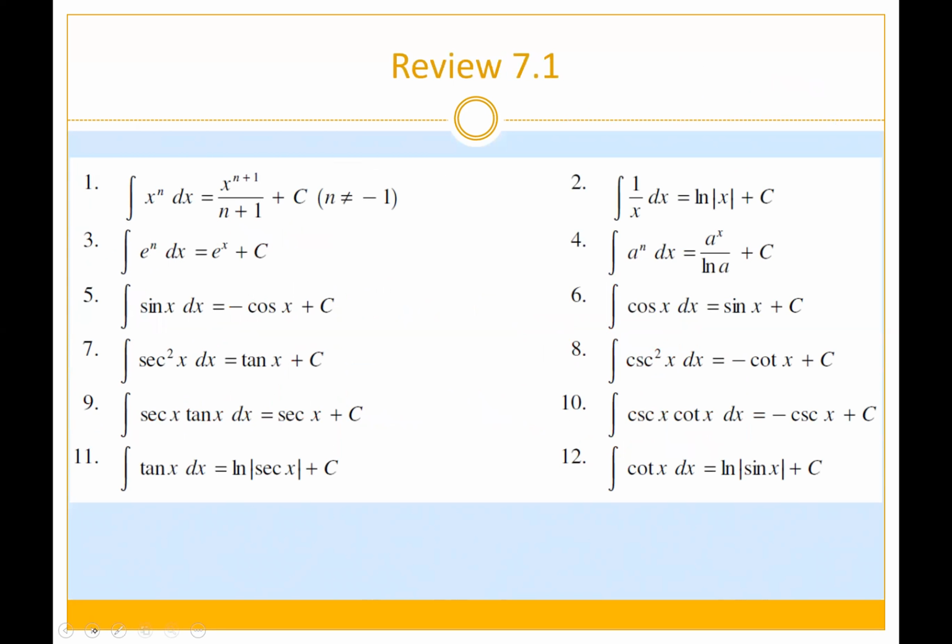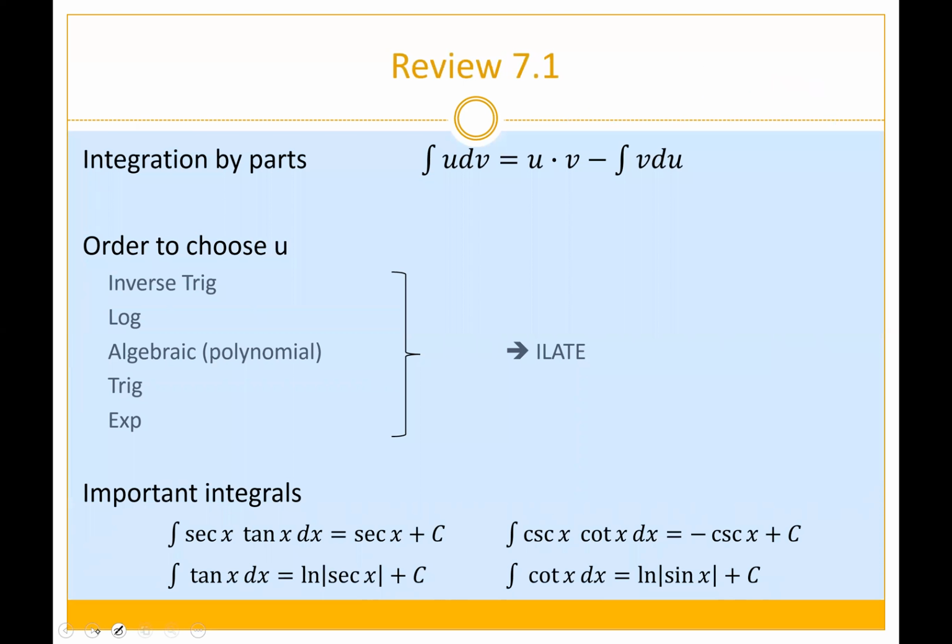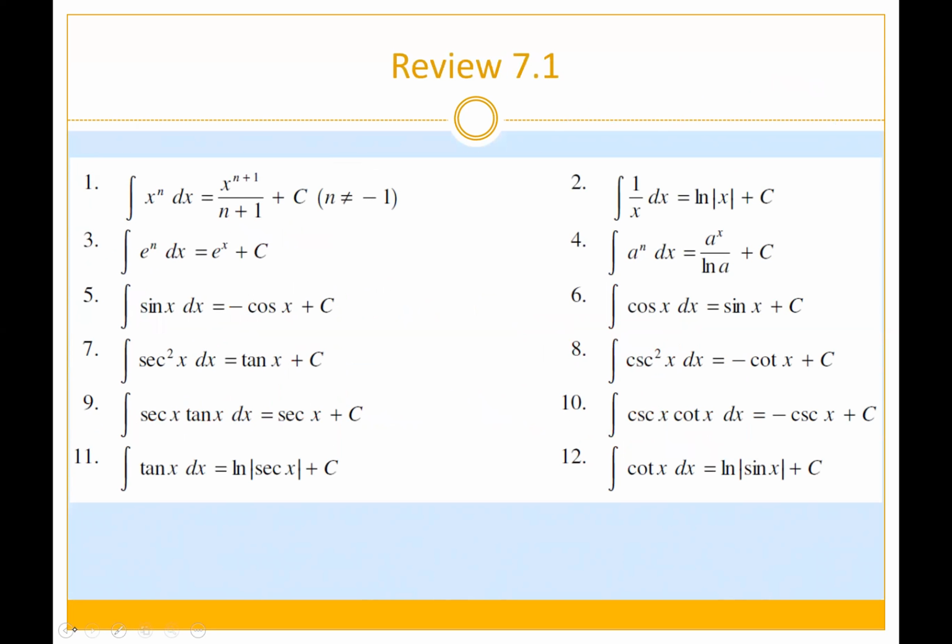So which is 7.1. 7.1 is where we talk about techniques of integration, where we're going to learn about integration by parts. Before we go to integration by parts, this is the general summary of all of the formulas that we have so far.